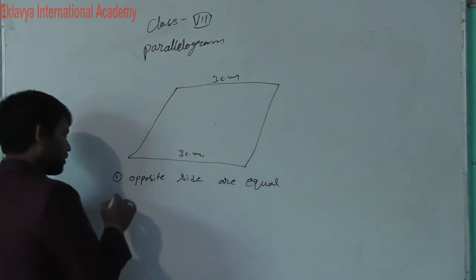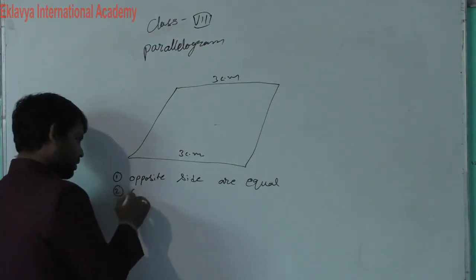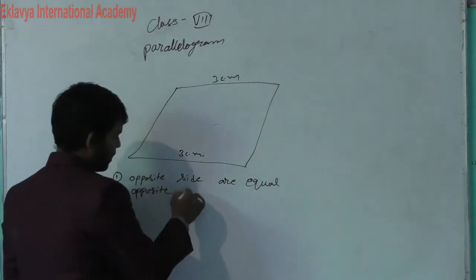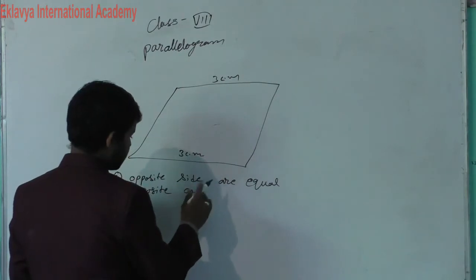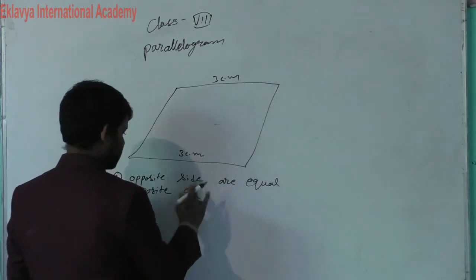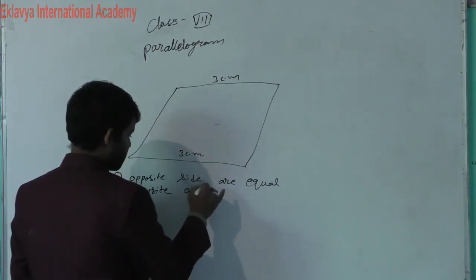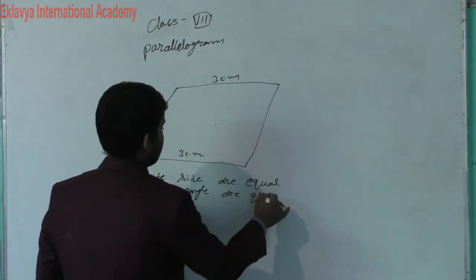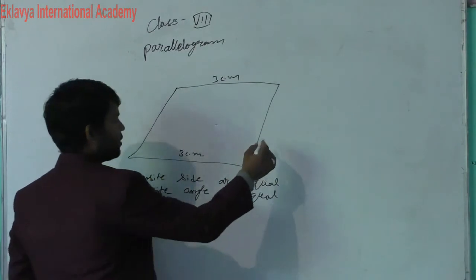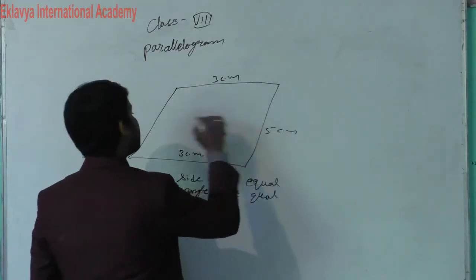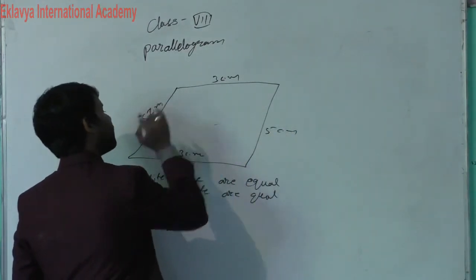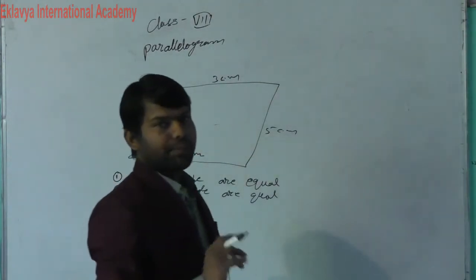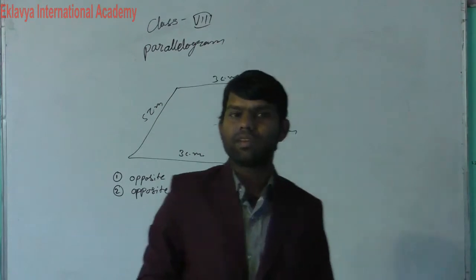Similarly, the second property is that opposite angles are also equal. Here in the second property we will say that opposite angles are equal.